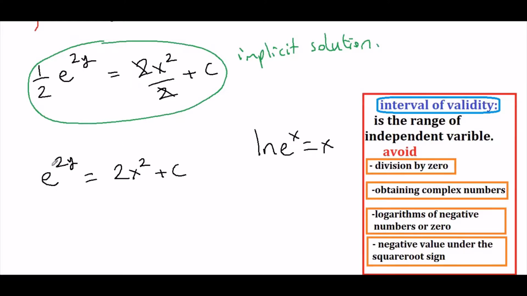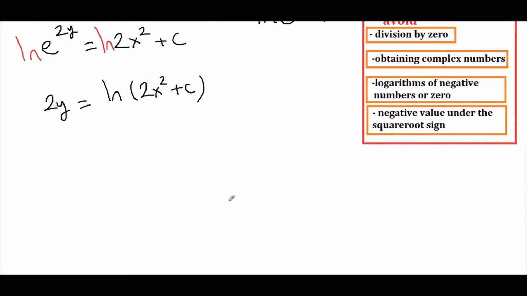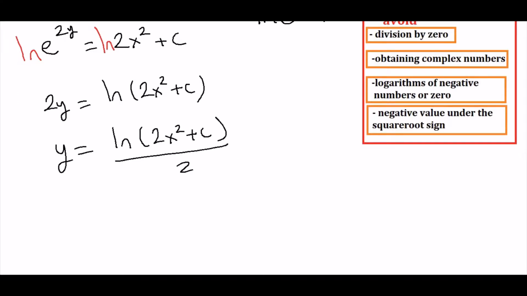So ln of e to the 2y is equal to 2y. So 2y equals ln of 2x squared plus c. And we divide both sides by 2, so we obtain y equals ln of 2x squared plus c divided by 2. This is our explicit solution.